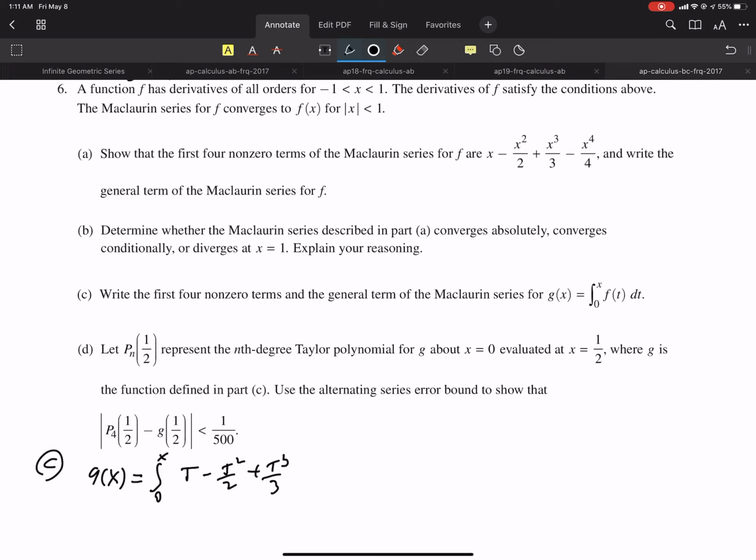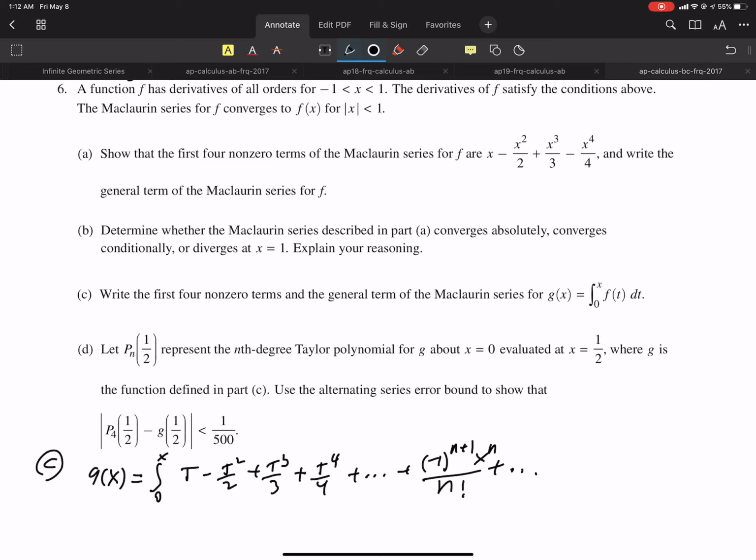How many terms? The first 4. So I need plus t to the 4th over 4. They want the general term, plus dot dot dot, plus negative 1 to the n plus 1 all over n, plus dot dot dot.